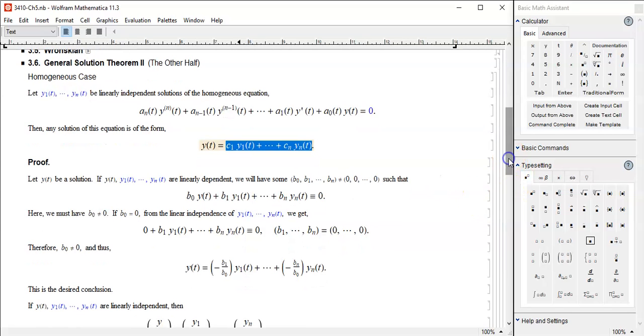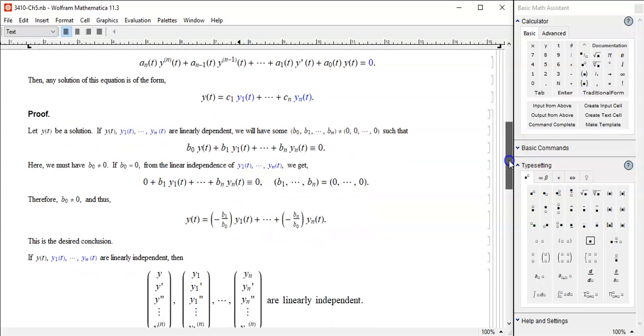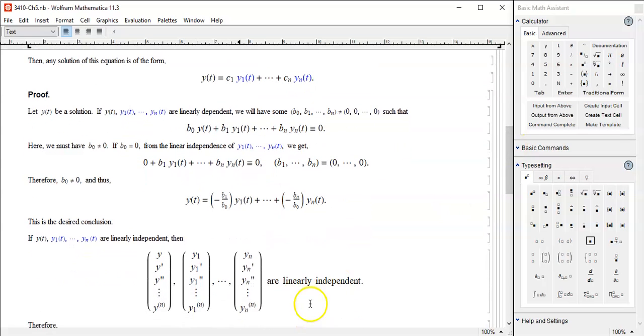Now what if these are linearly independent? Well, the previous case was under the assumption these were linearly dependent. How about the other case, when these are linearly independent? In that case, by the lemma, these column vectors are linearly dependent.